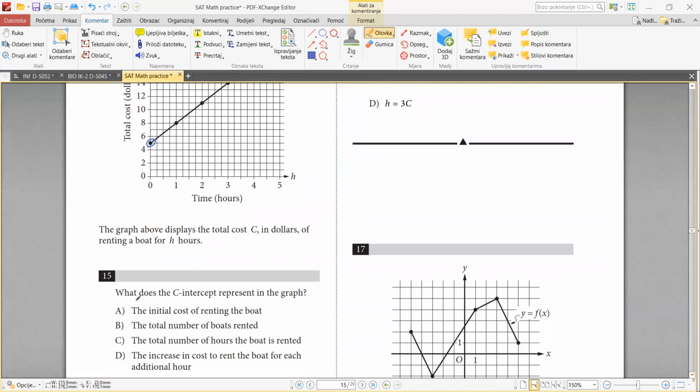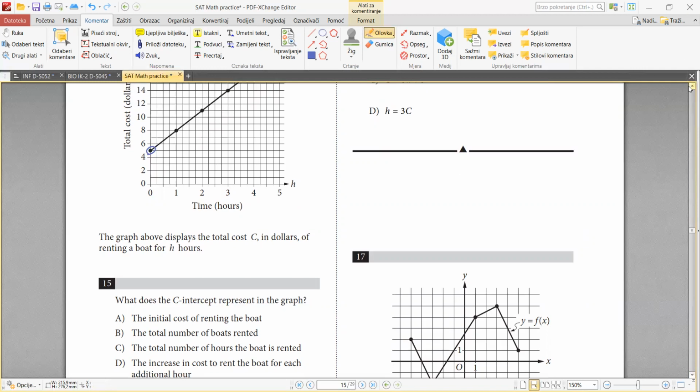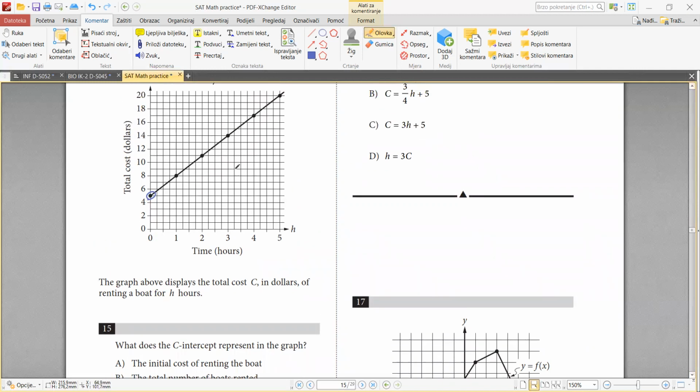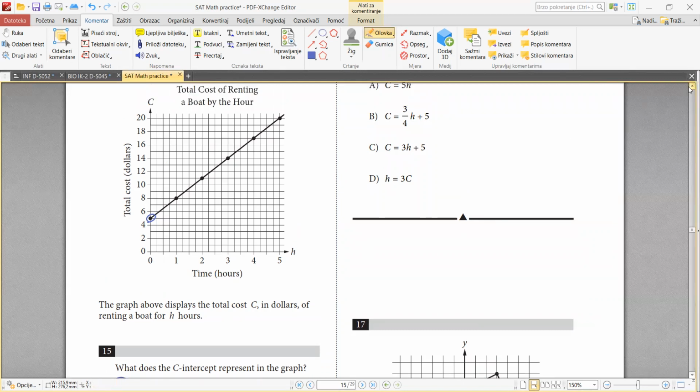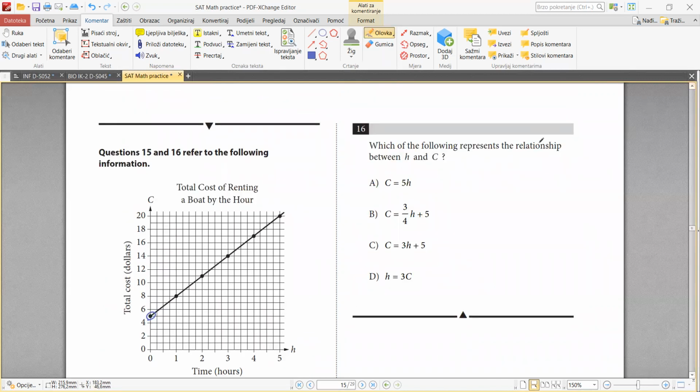So this would be the initial cost of renting the boat. So just the initial cost without any time taken. So this would be A. And in 16, which of the following represents the relationship between H and C?